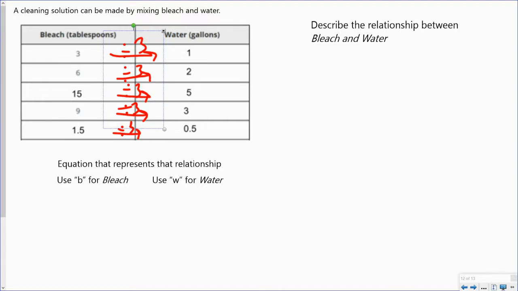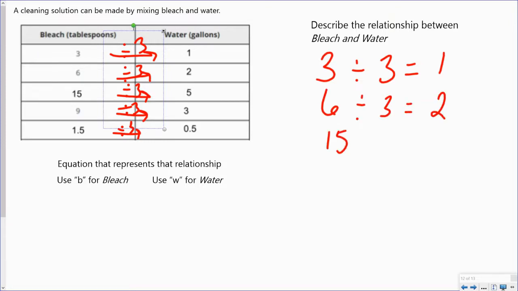So describing the relationship, I would take 3 divided by 3 would give me 1. 6 divided by 3 gives me 2. 15 divided by 3 gives me 5. 9 divided by 3 gives me 3.